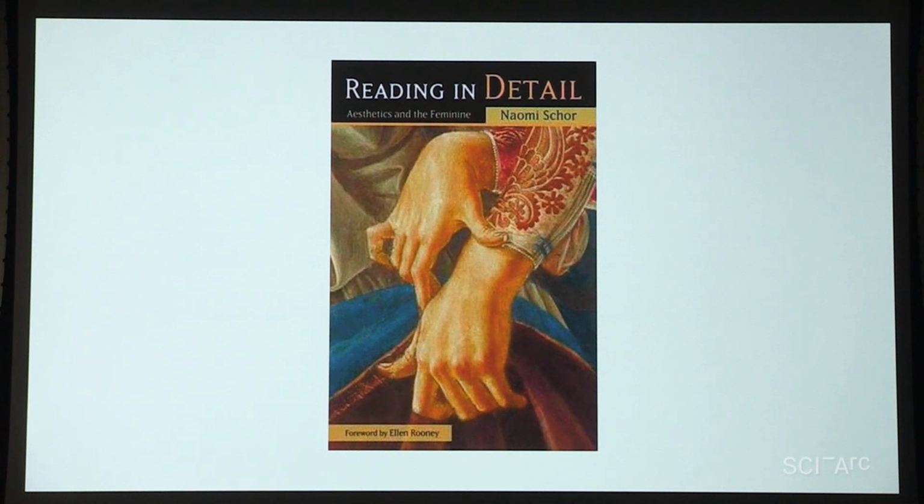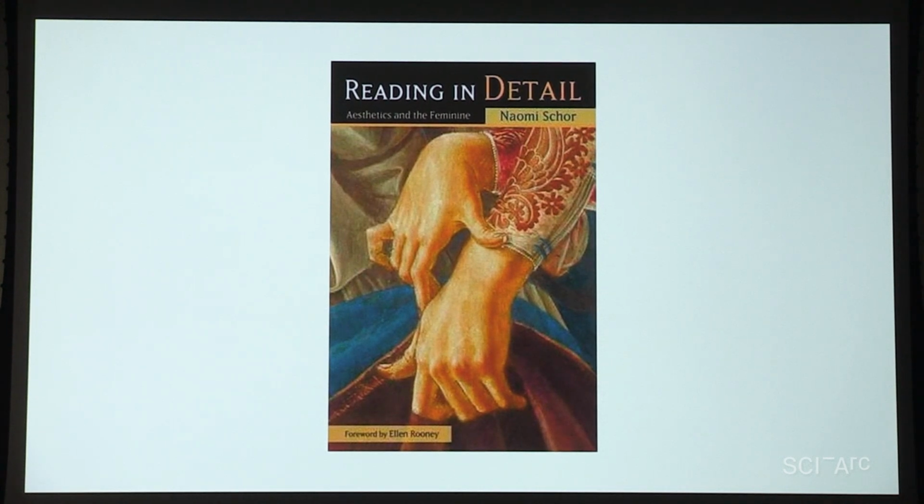In this beautiful book, Reading in Detail, Naomi Schor was proposing that the selection and preference of the sublime in the architectural culture was a highly macho and anti-feminist decision, because the sublime, the idea of architecture being abstract, being heroic, and not containing any reference to daily objects or daily life, was erasing the whole female background for a group, 50% of the population or more of the world, that has been taking special care of details.